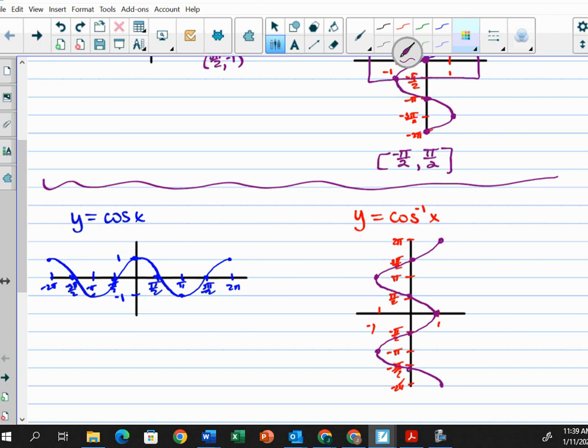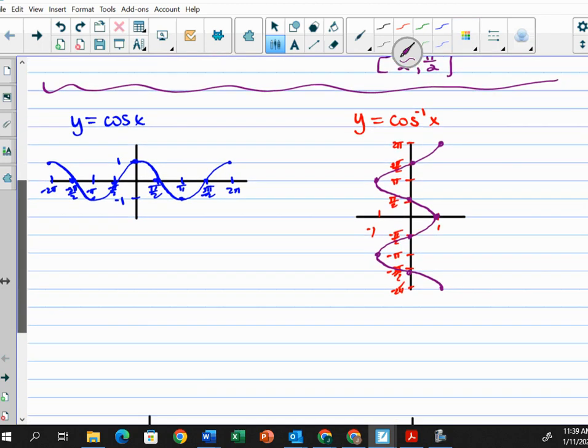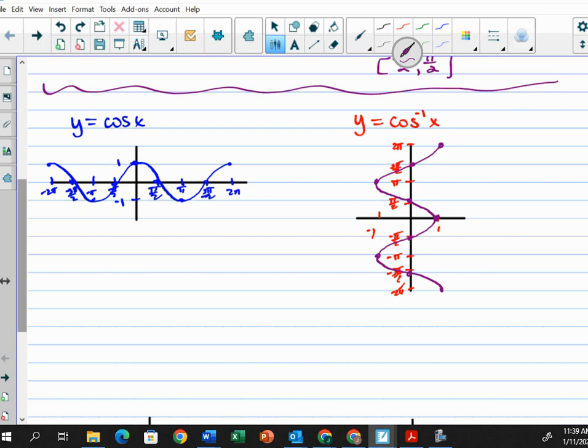All right, guys, there's your inverse cosine graph. How do we do? Troubles anywhere? Okay. Again, not a function, right? So we need to pick a window. Should we pick the same window? No, that would not work.